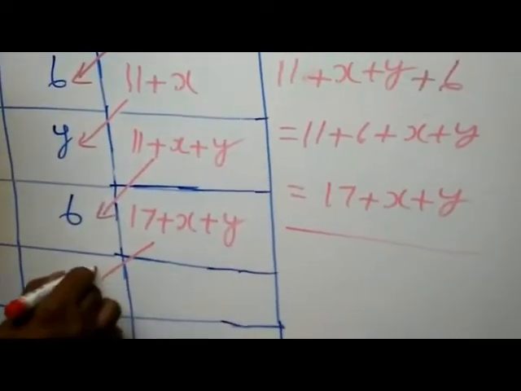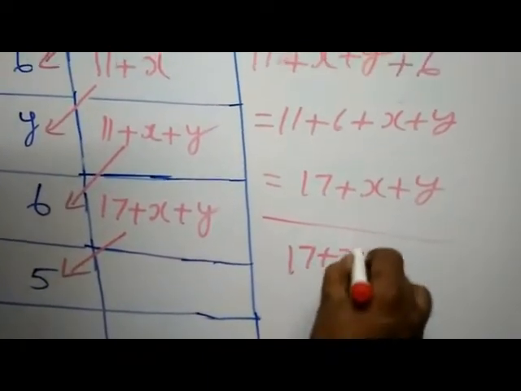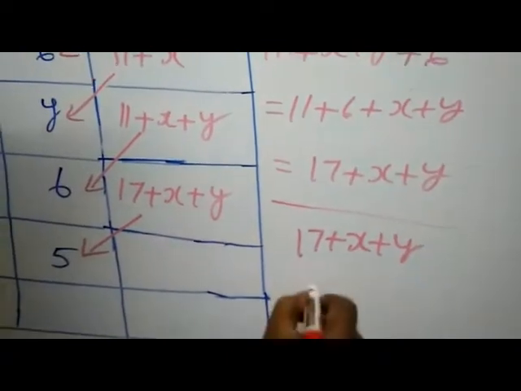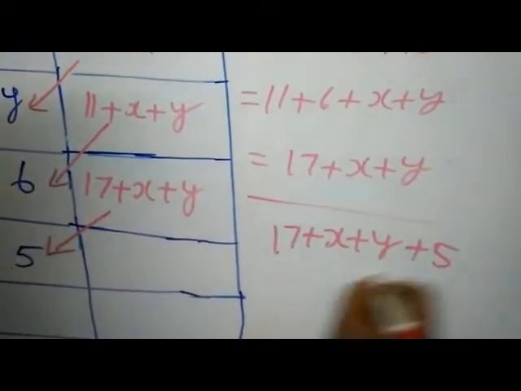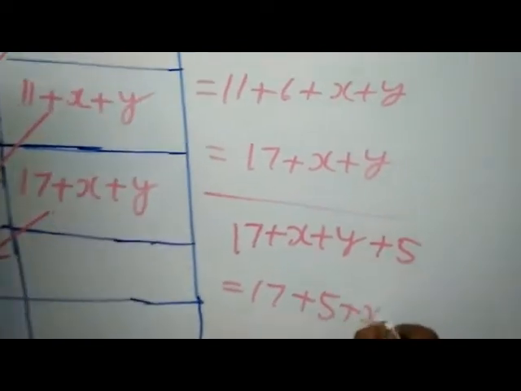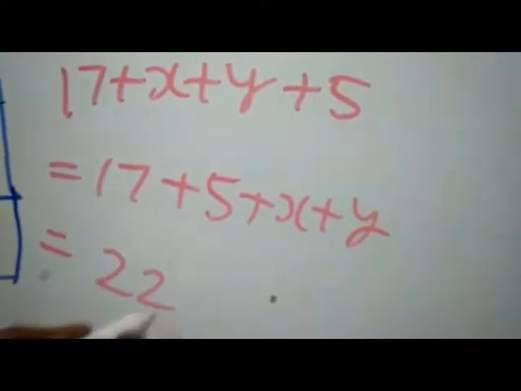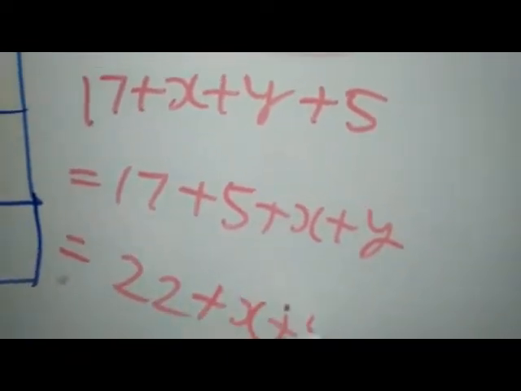Next, 17 plus x plus y plus 5 is equal to 17 plus 5 plus x plus y is equal to 22 plus x plus y.